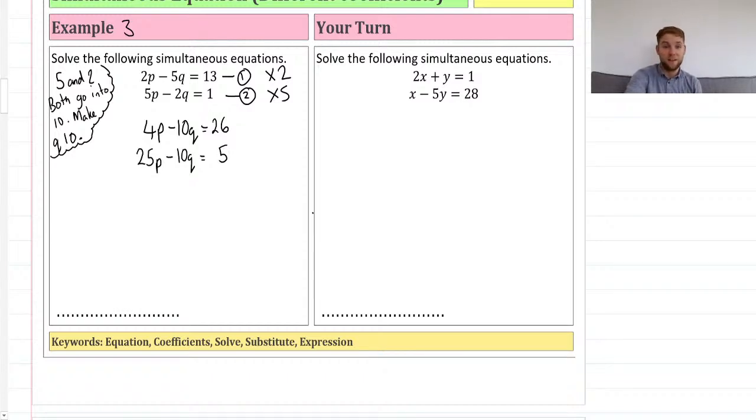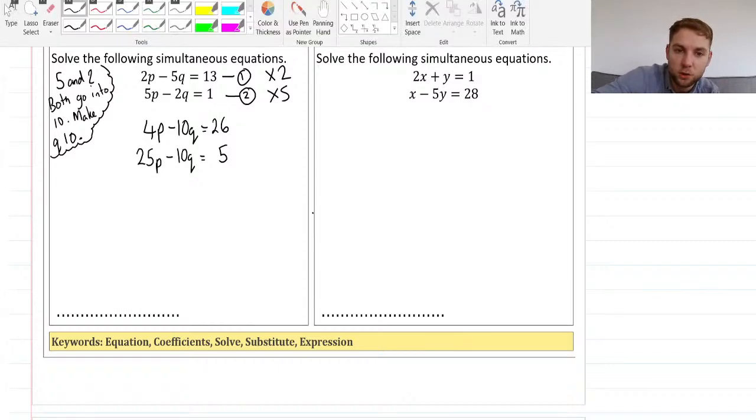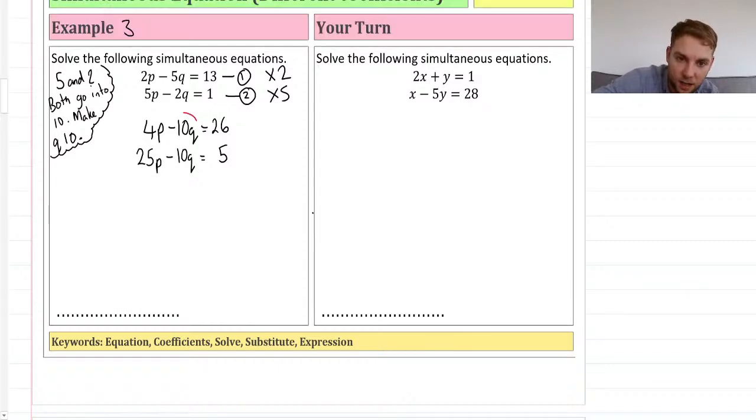Now this one here is definitely trickier, and you'll see why in a second, okay? So are the symbols on my q, where 10 is the same, are they the same or are they different? Well, the symbols on q are the same, which means I need to subtract.